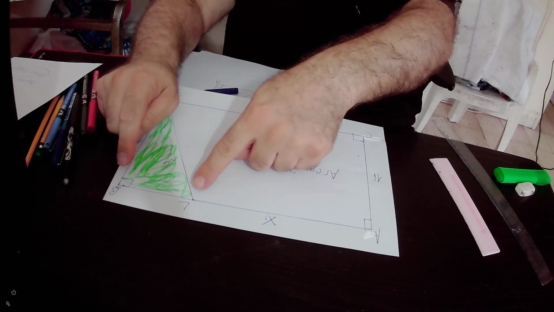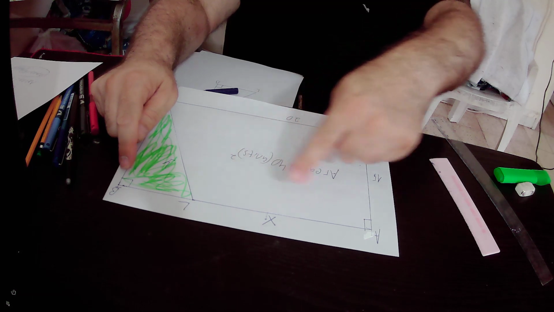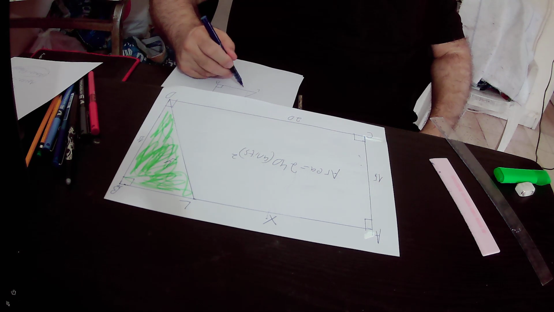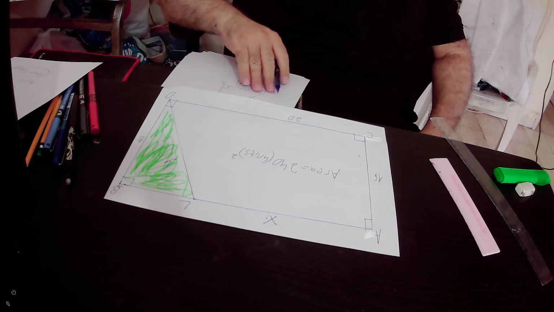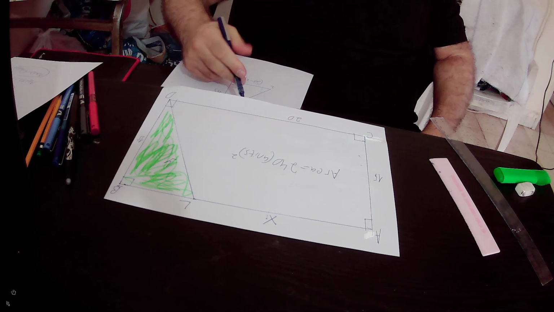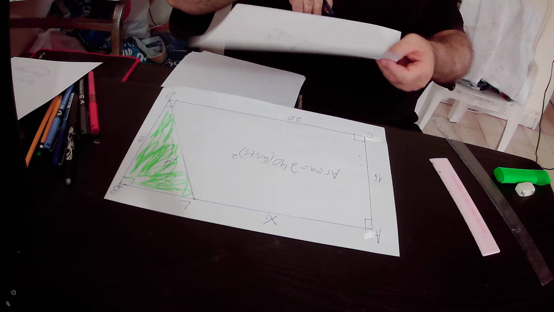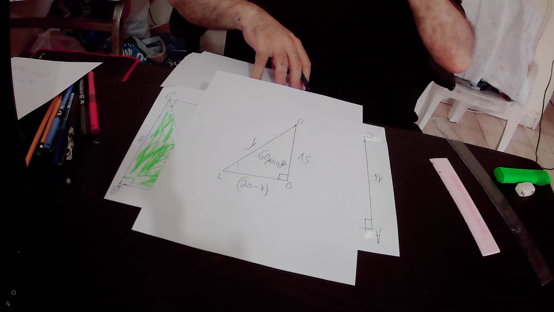Again, the size of side LB of the right green triangle equals 20 units minus x. So I draw again the right triangle LBD.